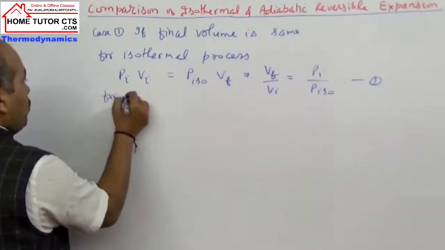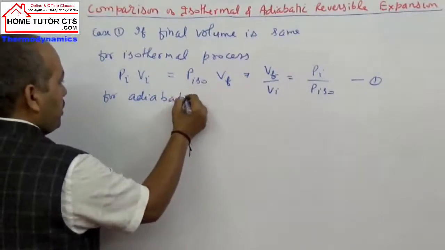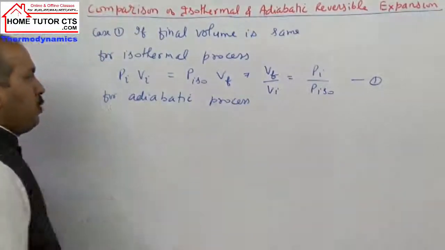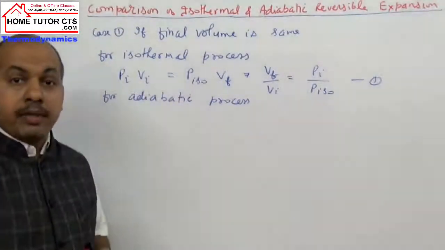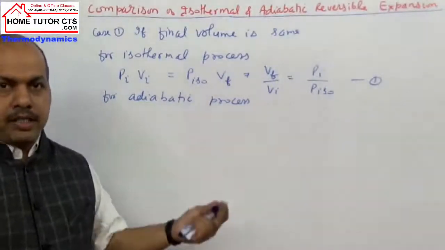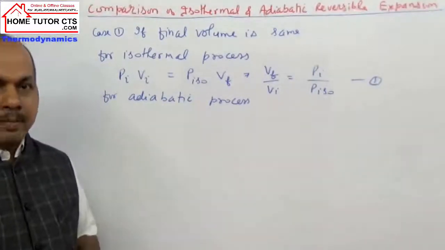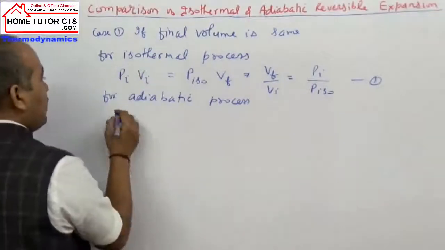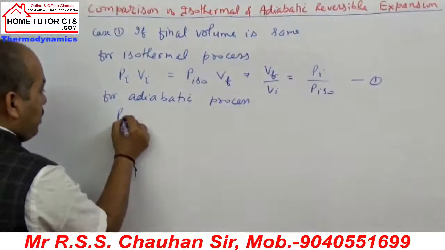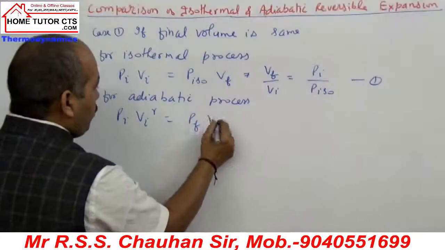If I take the adiabatic expansion process, what happens? We cannot apply the same expression, because in the adiabatic process there is a change in temperature. When the gas undergoes expansion, there is a fall in temperature, while in compression there is a rise in temperature. So we take the relation of pressure and volume we described some time back, that P initial V initial power gamma is P final V final power gamma.